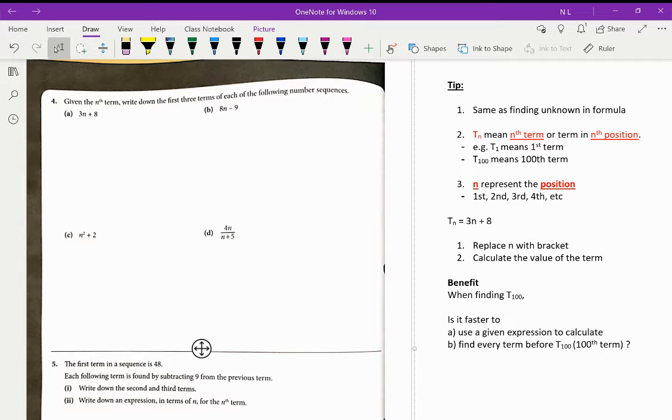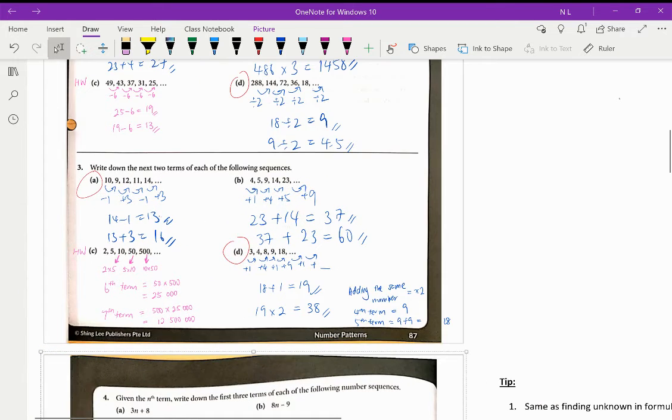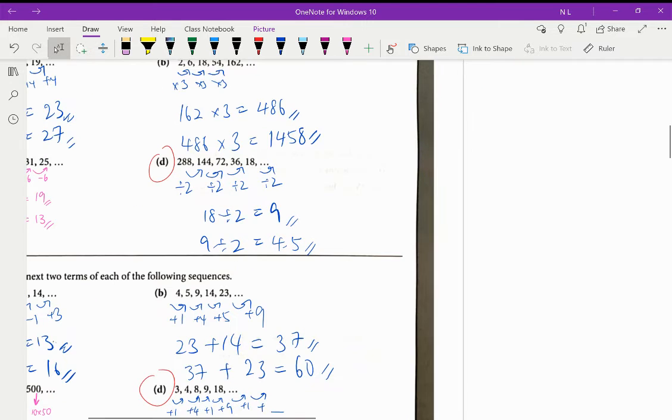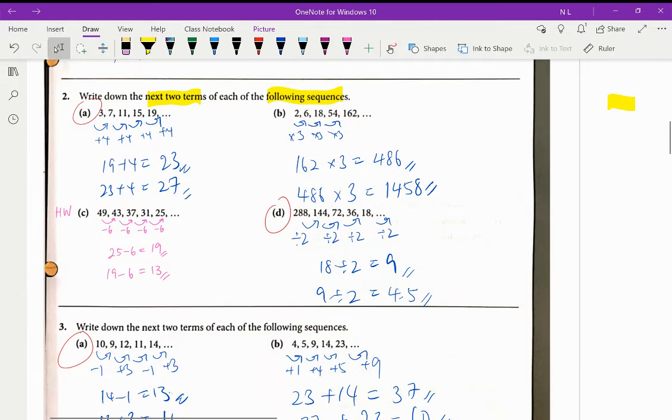So you must be wondering, how do these expressions of the term in the number sequence help us in solving such questions? For example, let's look at some of the questions you go through in questions 2 and 3.